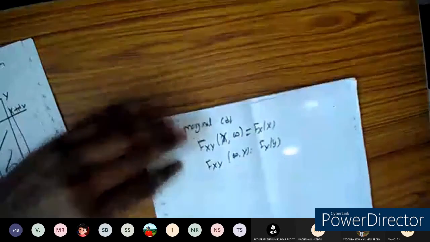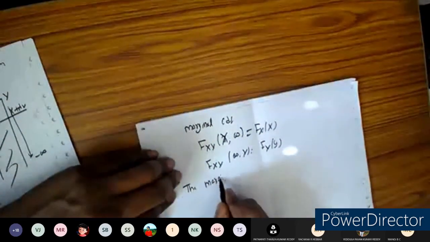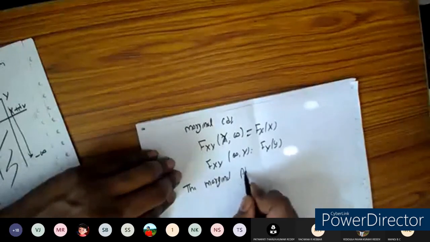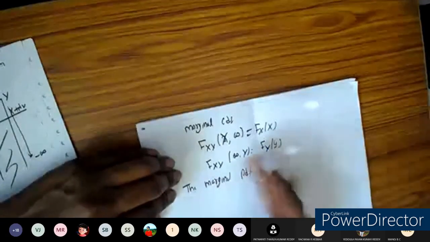The marginal PDF is a single PDF obtained from the bivariate PDF, and that is what we call the marginal PDF.